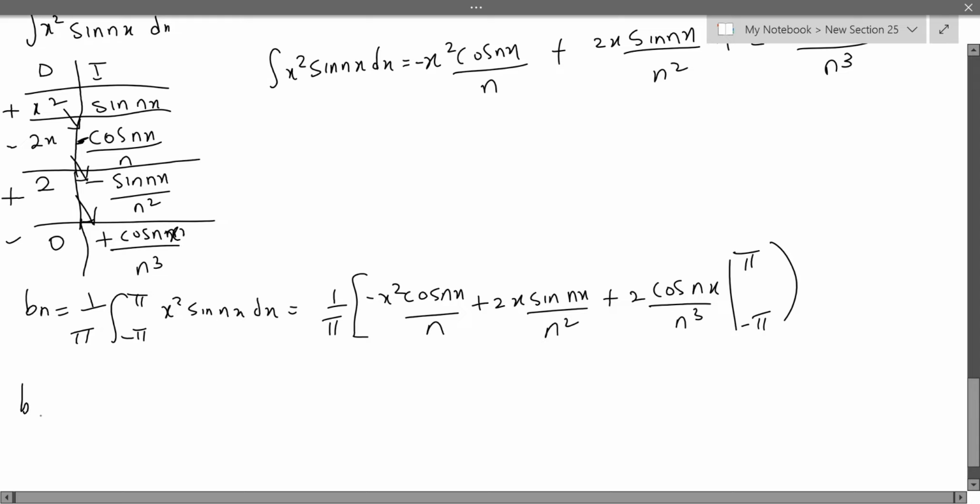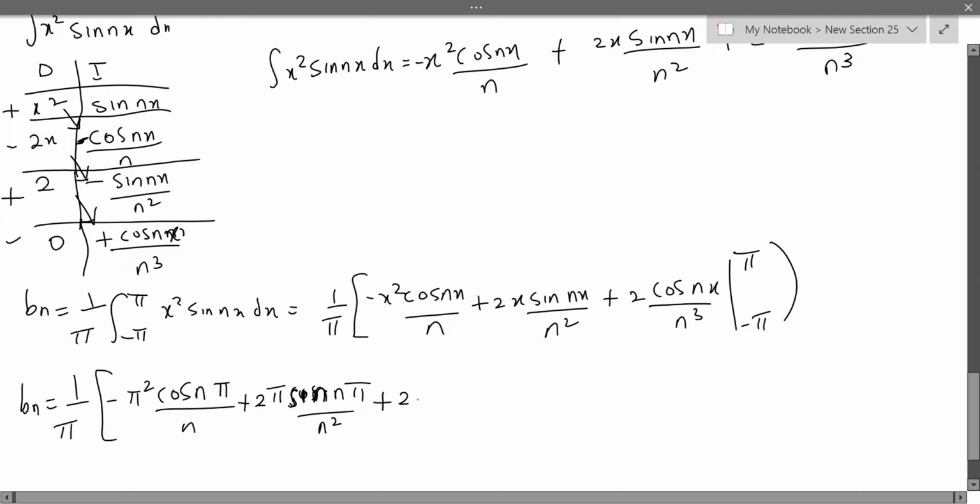So now your bn is equal to 1 over pi, so you insert pi first. So here there is a minus s squared. The s squared does not cover the minus, so you leave the minus out, just take the square like this, then cos n pi over n plus 2 pi sine n pi over n squared plus 2 cos n pi over n cubed, minus into bracket.